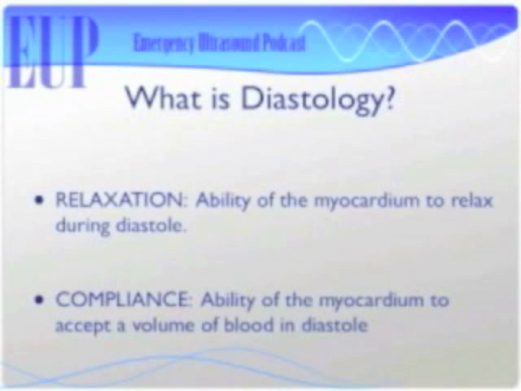A hard, stiff heart that doesn't take blood very well is just going to have a very low cardiac output, whereas a heart that's very soft and pliable is going to be able to take as much volume as you want to give it and still give you a good cardiac output. So it becomes a measure of how hard your atria have to work, how hard your pulmonary circulation has to work to give enough blood to the left heart to give you a good cardiac output.